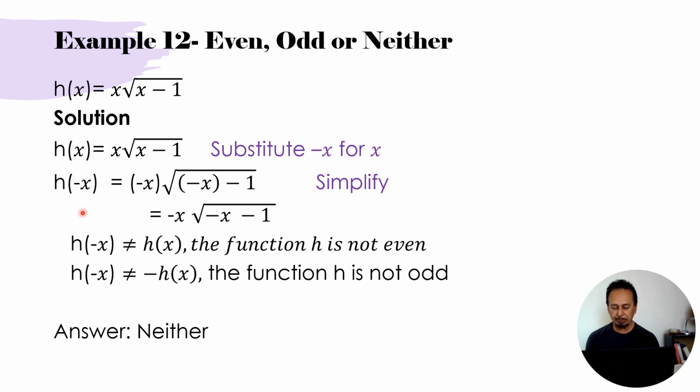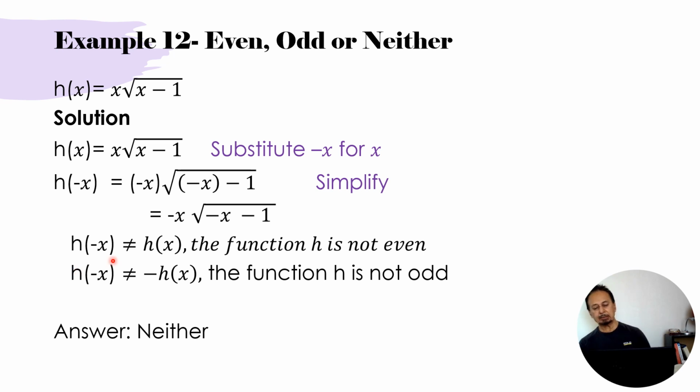So this becomes h of negative x equals negative x times the square root of negative x minus 1. Okay, so now if we compare, the first factors are opposite, but the negative sign under the radical sign is also opposite. So it looks like they are not opposite and they're not exactly the same.